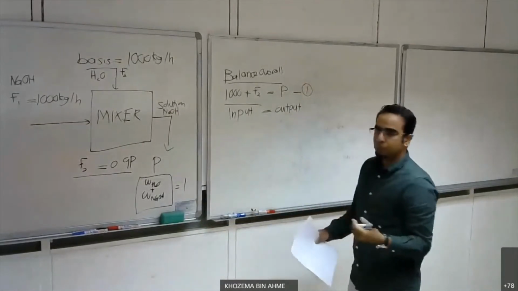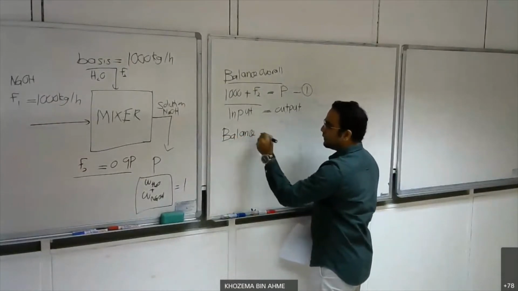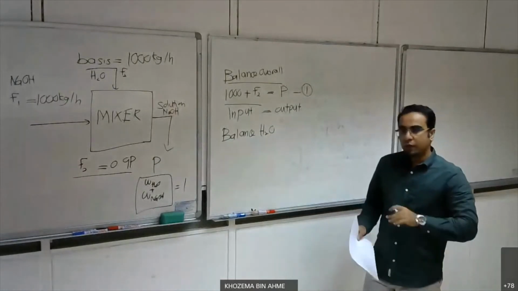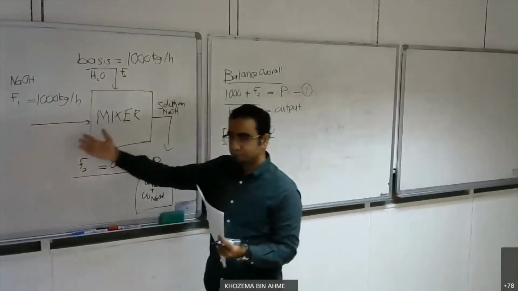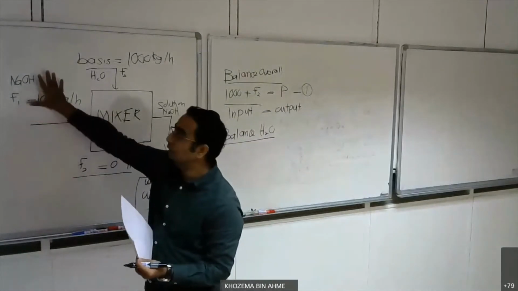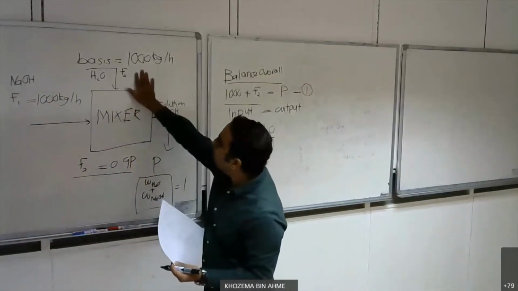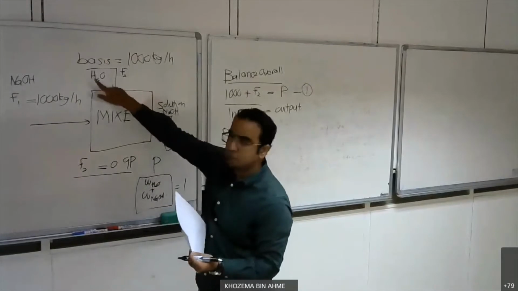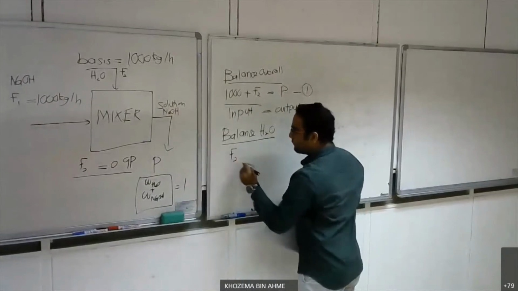Now let's say I do balance on H2O. Everything else I'm ignoring. To balance on H2O, I go back to my flow chart. I see that here I don't have any H2O. This stream is only for NaOH, so I cannot include it in my balance for H2O. I go here, I see that I have H2O coming in, and the whole stream here is only H2O. So I can say that on the input side I have F2.